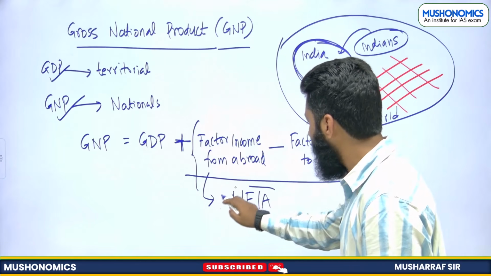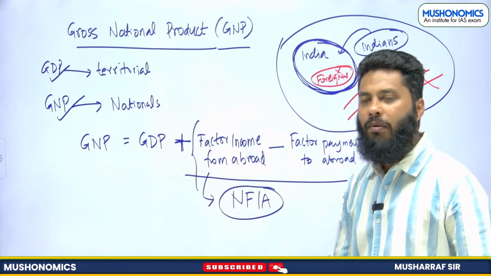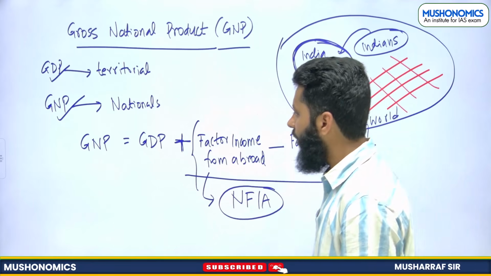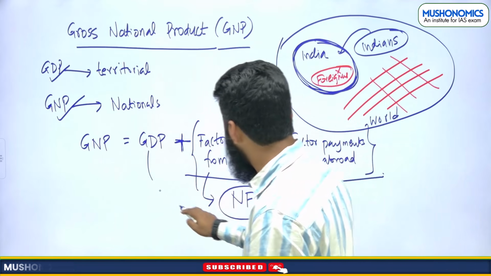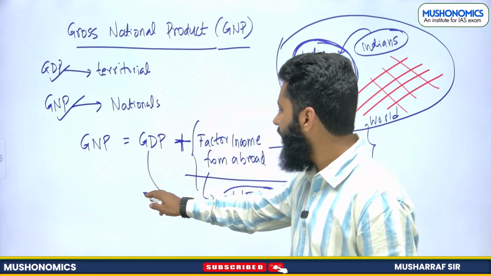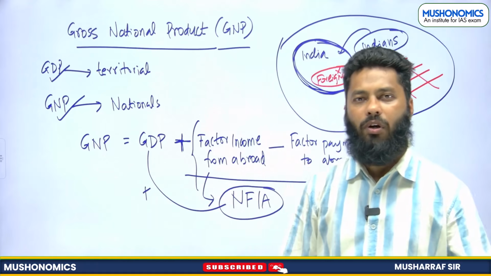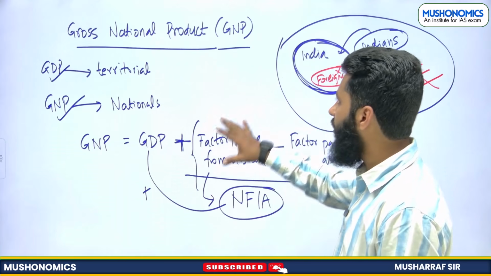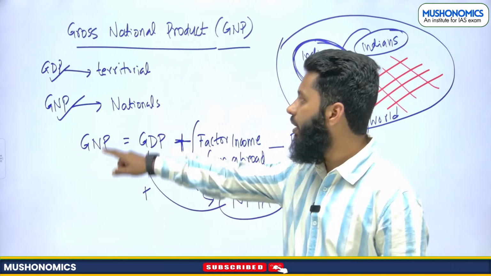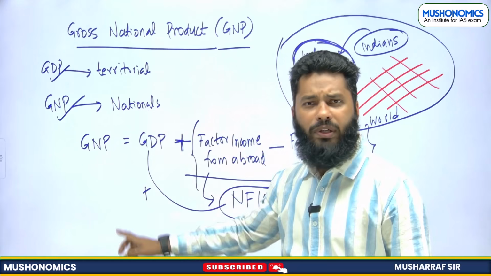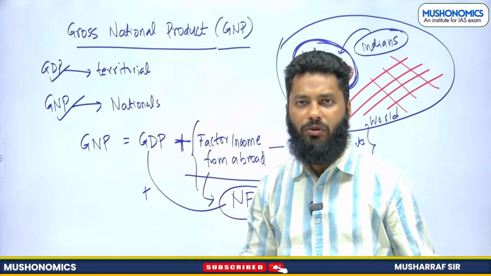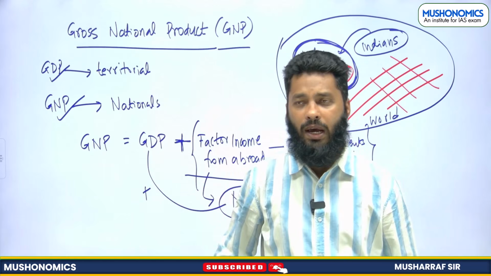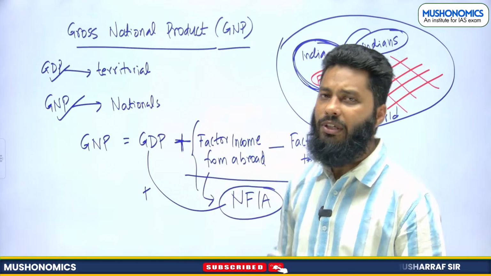This is one more concept that we need to understand, NFIA, net factor income from abroad. So if I add net factor income from abroad to GDP, I will get gross national product, right? Gross national product talks about nationals. Indians are present in many parts of the world, so we have to take into consideration their value of production as well. So this is all about GDP and GNP.